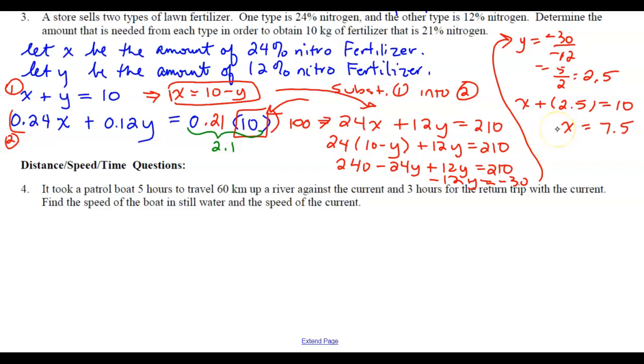Again, I got to fit this in. So therefore, I'll use the abbreviation for therefore, which is 3 dots in the shape of a triangle. Therefore, they need, I guess it's a store, 7.5 kilograms of 24% nitro fertilizer.